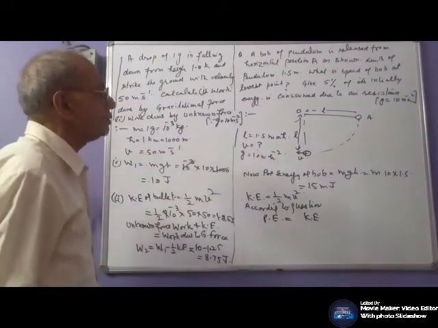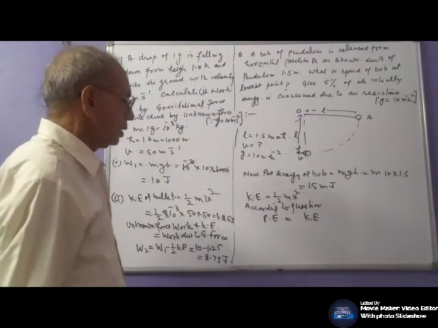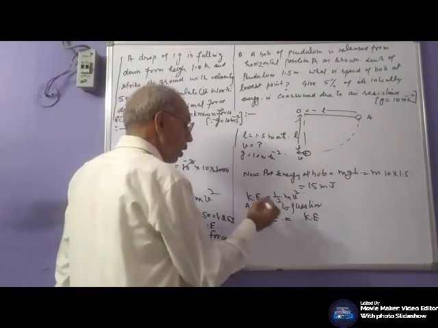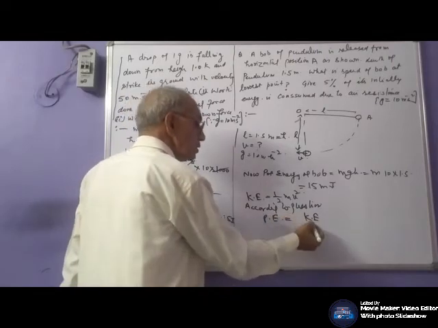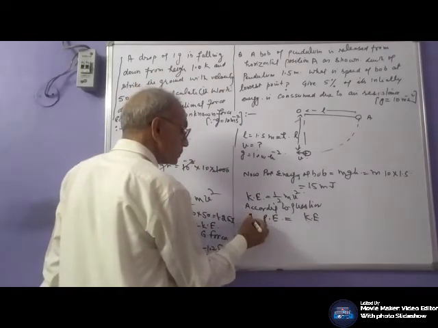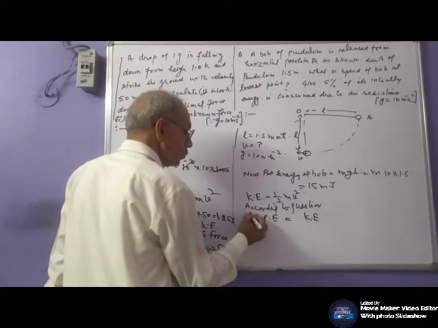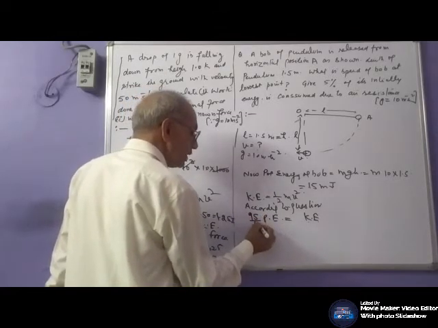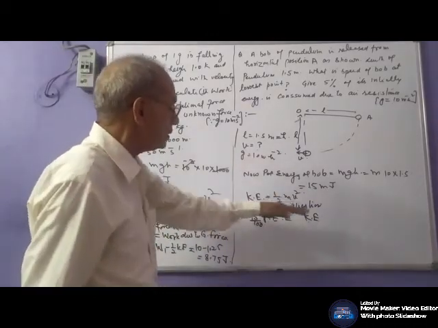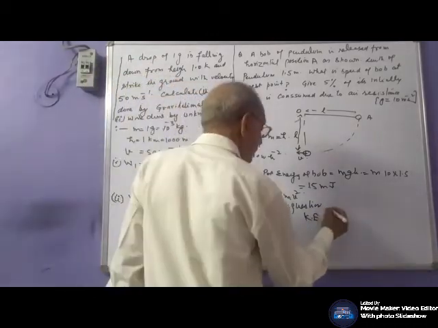According to the law of conservation of energy, if no energy is consumed, how much of this potential energy changes into kinetic energy? Only this. Why? 5% is wasted. So only 95% of the potential energy changes into kinetic energy.